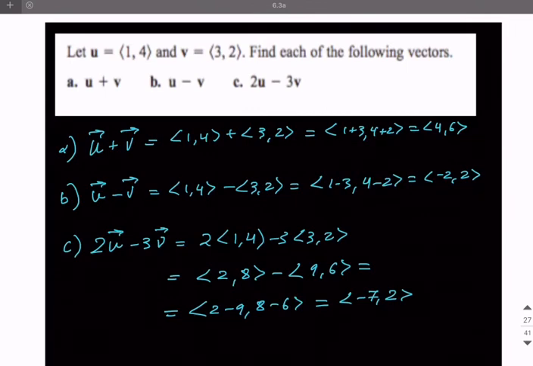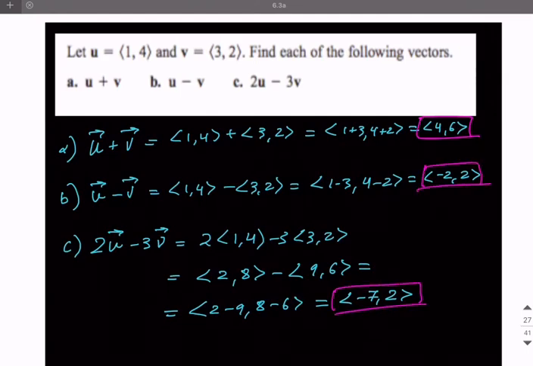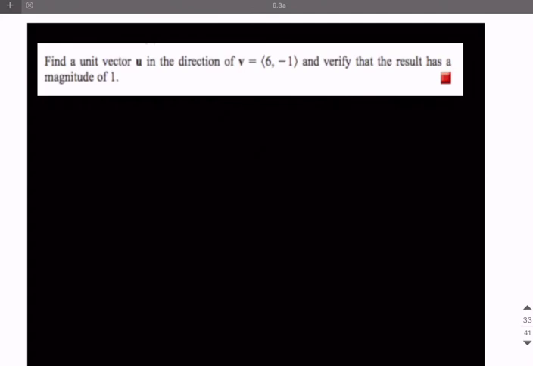So for the first one you get (4, 6), (-2, 2), and (-7, 2). So this is a very important problem.